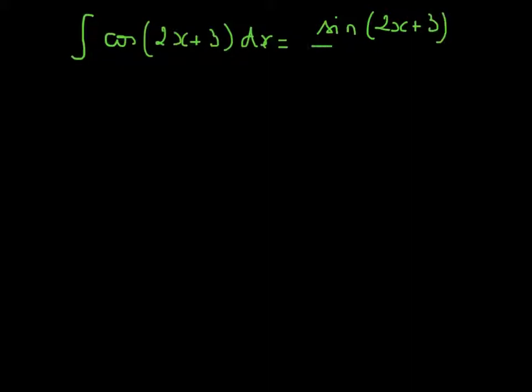If we want to calculate the integral, for example, of cos 2x plus 3 dx, I remember that the derivative of sine is cos, so it's going to be sine of 2x plus 3. But then when I differentiate sine 2x plus 3, by the chain rule it's 2 cos 2x plus 3, so I need to divide by 2.